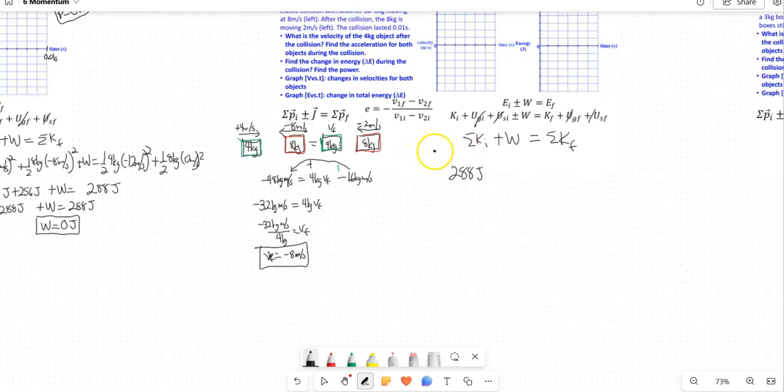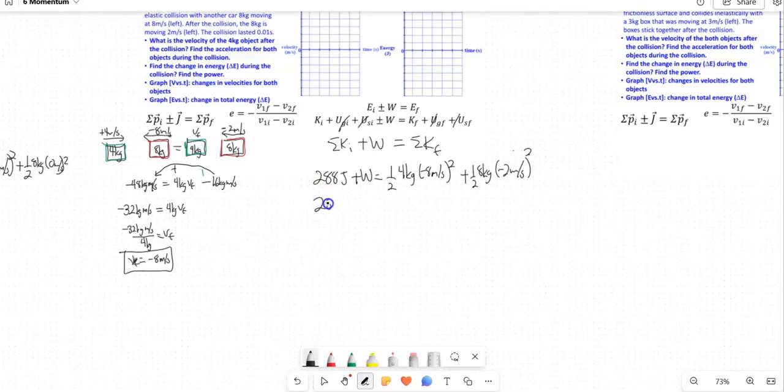And that's going to be plus work, which is going to be equal to 1/2 our 4 kilograms times the negative 8 meters per second that we're going to square, plus the 8 kilograms final kinetic energy, which is negative 2 meters per second, that we're going to square that guy.